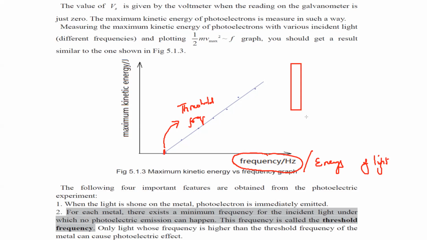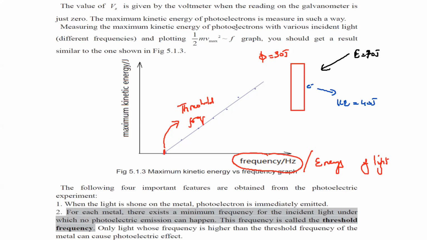So we can explain in terms of energy or in terms of frequency. If the work function is 30 joules and the energy of the incident light is 70, there will be a photoelectric effect, the electron will come out and start to move. It will have kinetic energy: 30 is used as the work function, so the remaining 40 joules is kinetic.